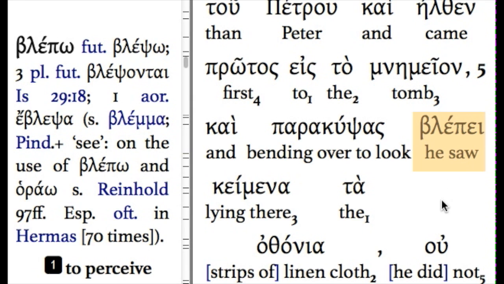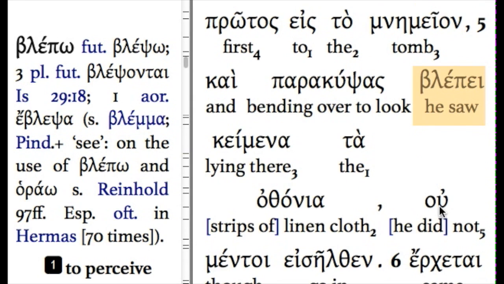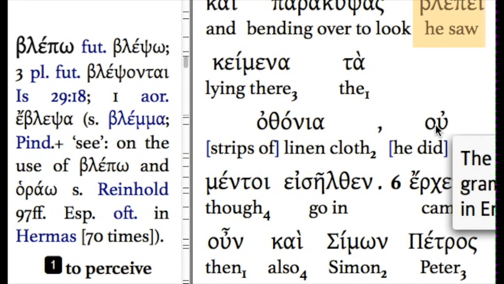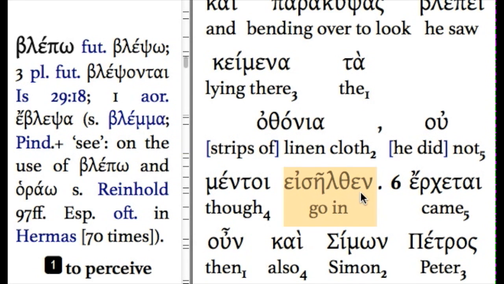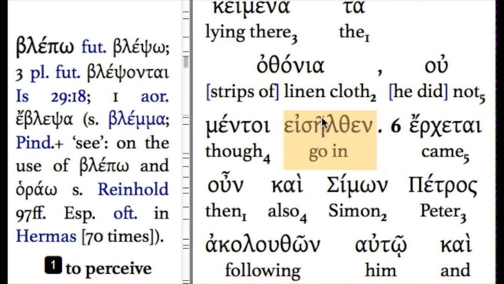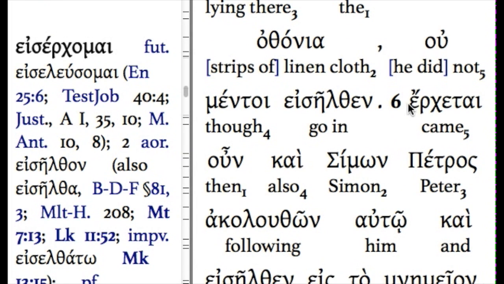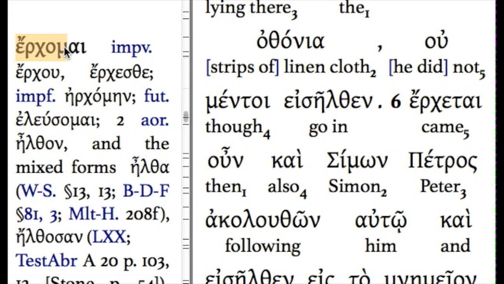So blepei, he sees lying there, ta othonia, strips of linen, not mentoi, eiselthen. But he did not, though, eiselthen. There we go again, eiselthen from eiserchomai, right? Okay, eiselthen, he didn't go in. And here we go, erchetai, he comes. So erchomai, are you about to believe me that erchomai and elthon are important verbs to know?